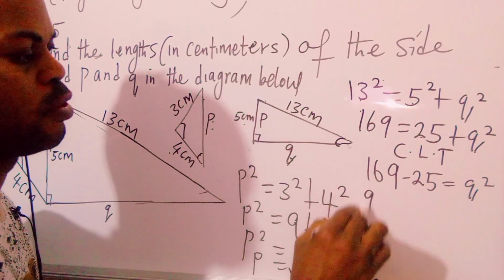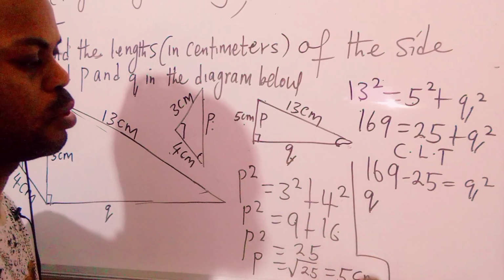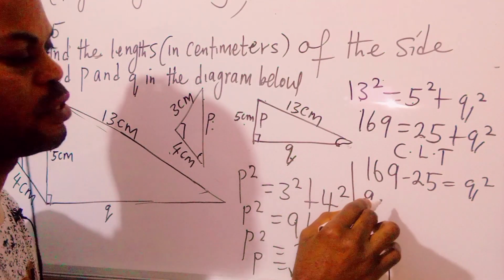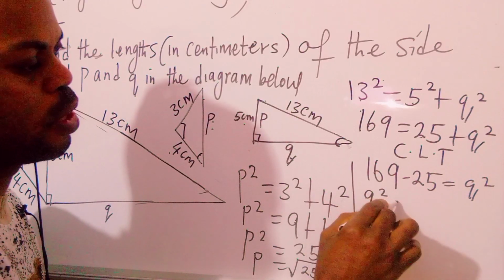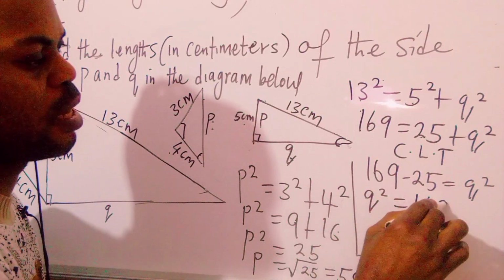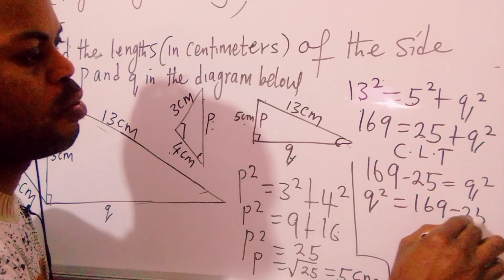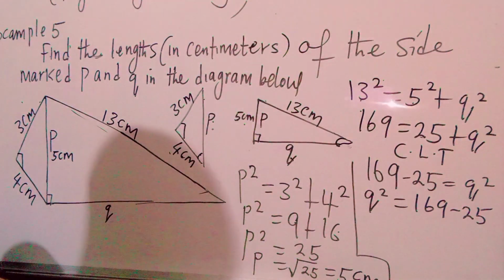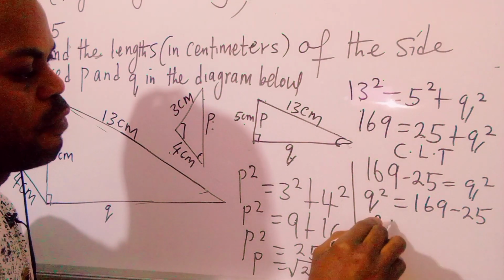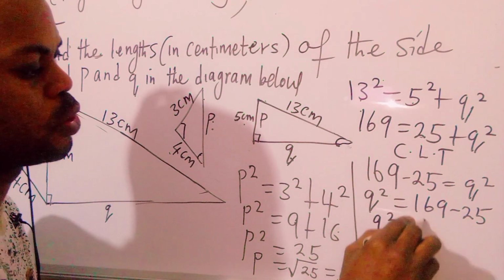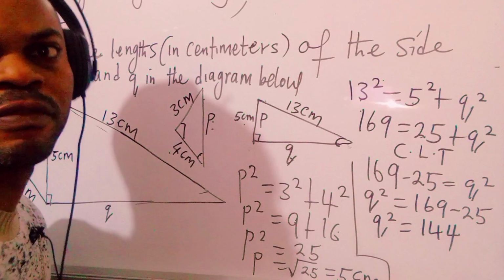Let's bring letter Q to my left hand side. So I'm going to have Q squared equal to 169 minus 25. When you subtract that value, you're going to have 144. So Q squared is equal to 144.